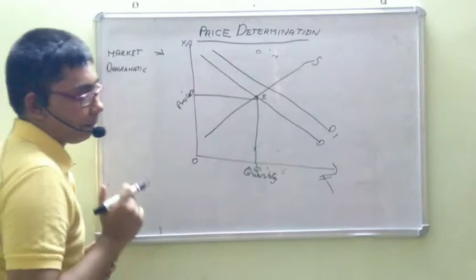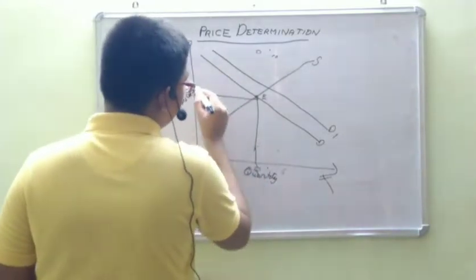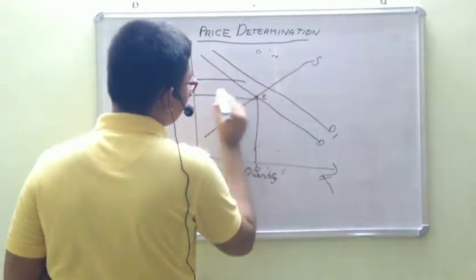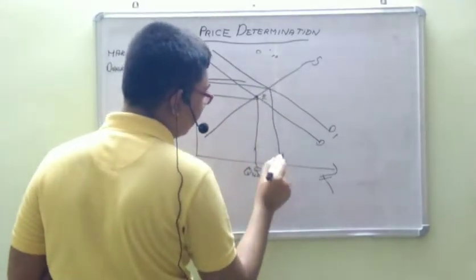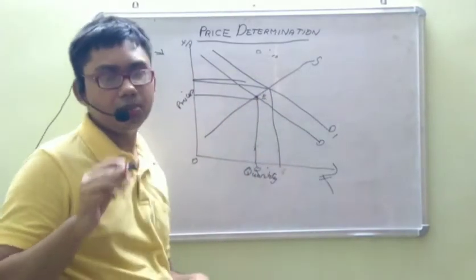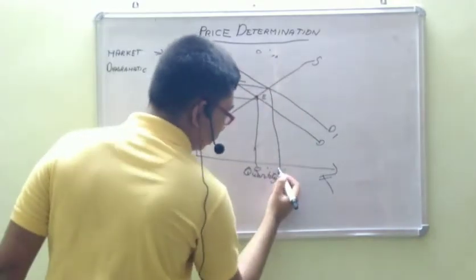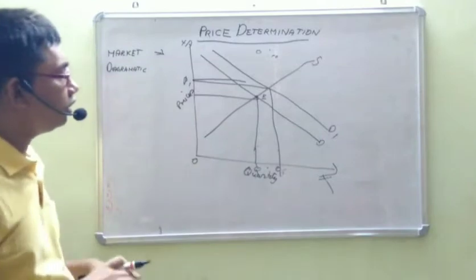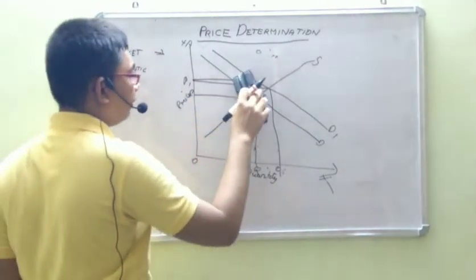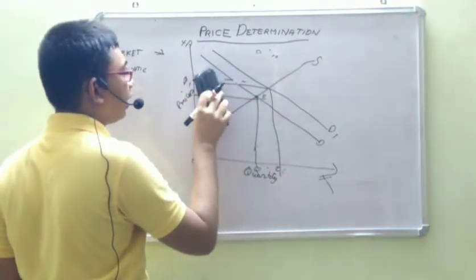At this point, what will happen? They are not meeting at the original point. They are meeting at a different point. This is Q1 and this is P1. What is the relationship between P1 and P, and Q1 and Q?